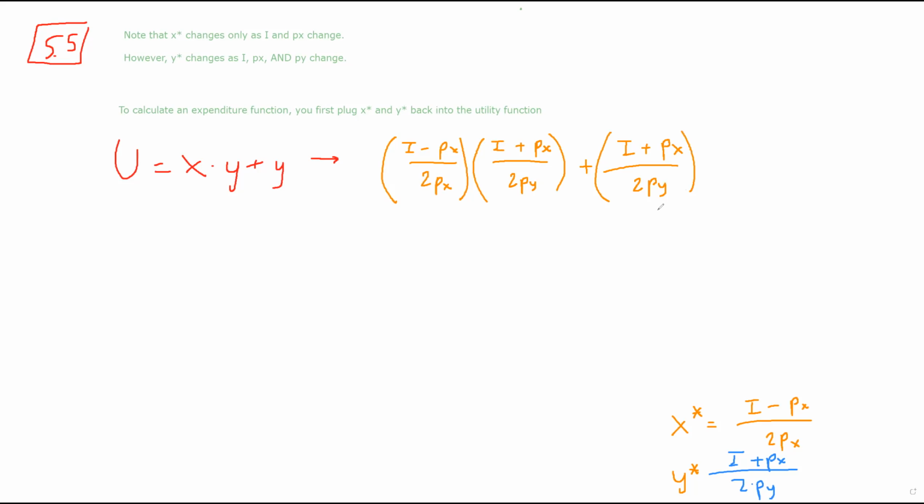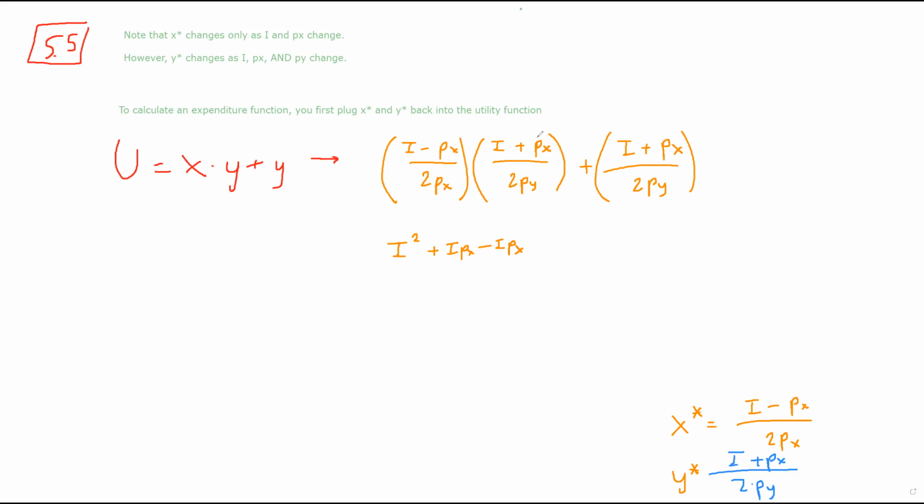Now I've got some sad news for you because you're going to hate this part. I'm going to FOIL out. I know FOIL is that four-letter word you don't really enjoy. You've got to FOIL out this I minus px times this I plus px. So if I distribute that, I end up with I squared.